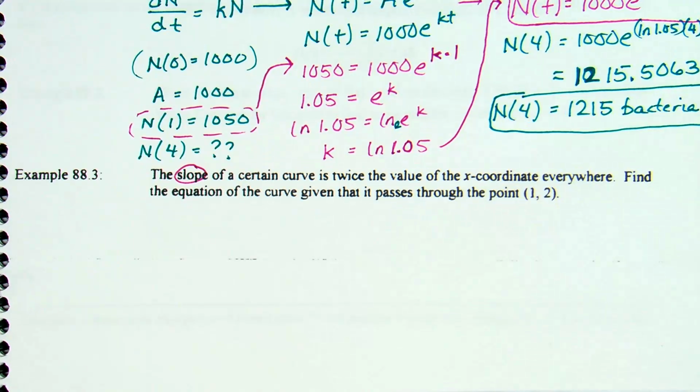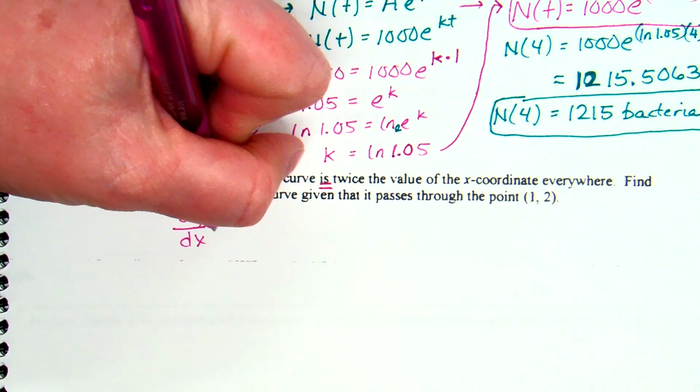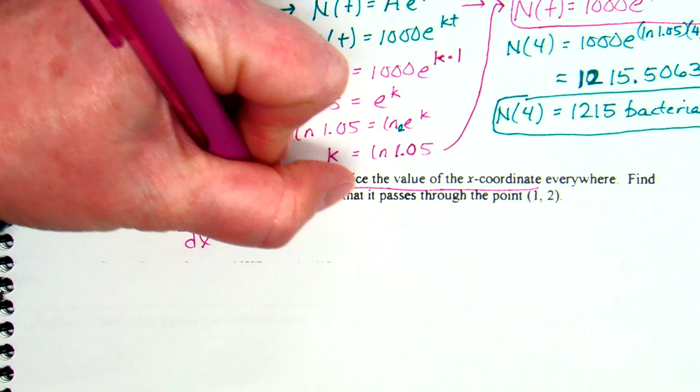So the slope, dy/dx, of a certain curve equals twice the value of the x-coordinate everywhere, which means 2x. So how do I solve? Multiply both sides by dx. Okay, separate your x's and y's.